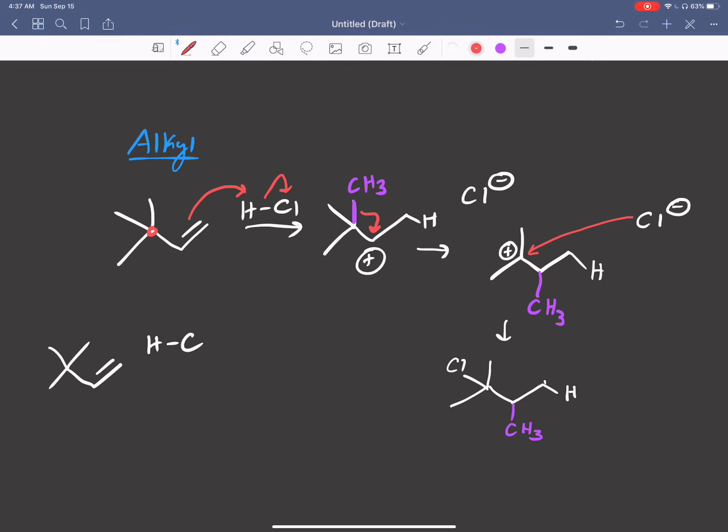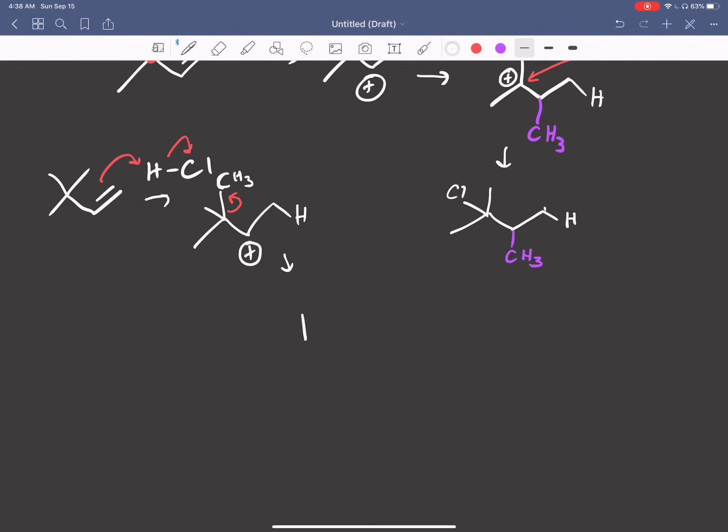We're gonna do this step first. Right, so our hydrogen attaches there, and here's our positive charge, and here's our CH3. And so we're going to break the bond of the CH3 and put it onto the carbon.